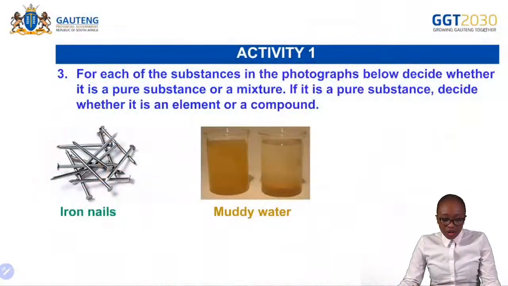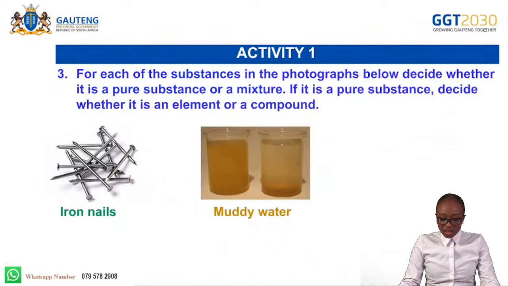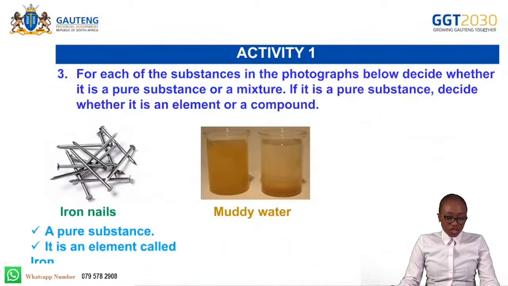Now let's answer question number 3. For each of the following photographs below, decide whether it is a pure substance or a mixture. If it is a pure substance, decide whether it is an element or a compound. Iron nails and muddy water. So iron nails, this is a pure substance.